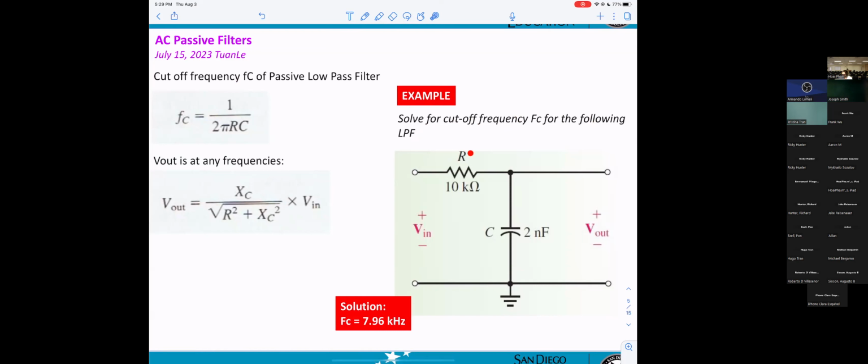You get R here, and you get 2 nanofarad. Apply this formula and the answer will be 7.96 kilohertz. You can see that it's very simple.